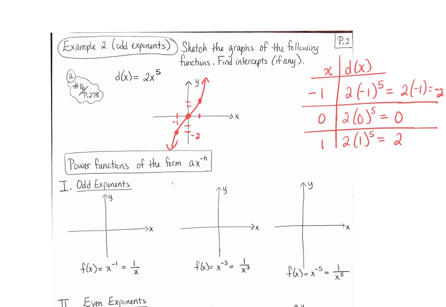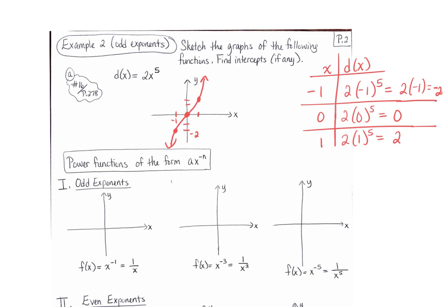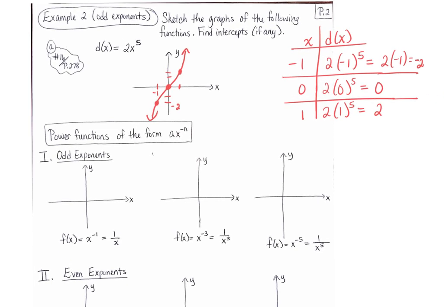So we've talked about power functions of the form ax to the n, where n was even and n was odd. So now let's talk about power functions of the form a times x to the negative n. So remember, this is just a recall, not for your graph, but you'll see this interchangeably.